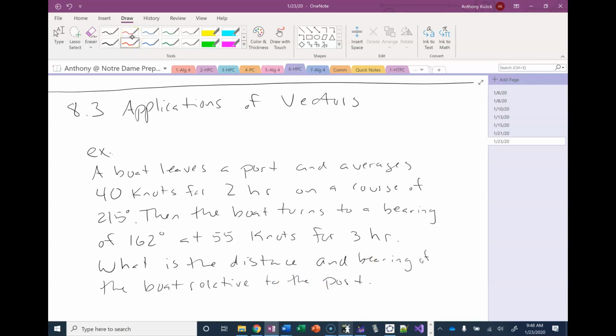So this kind of story problem should sound quite familiar. We dealt with these sorts of situations in first semester, right? The approach that we're going to take is not any different. We're just going to use the language of vectors here to deal with this now rather than just trigonometry. So when you read this problem, how many vectors do you hear? 2. Good. 1 for each leg of the trip, right?